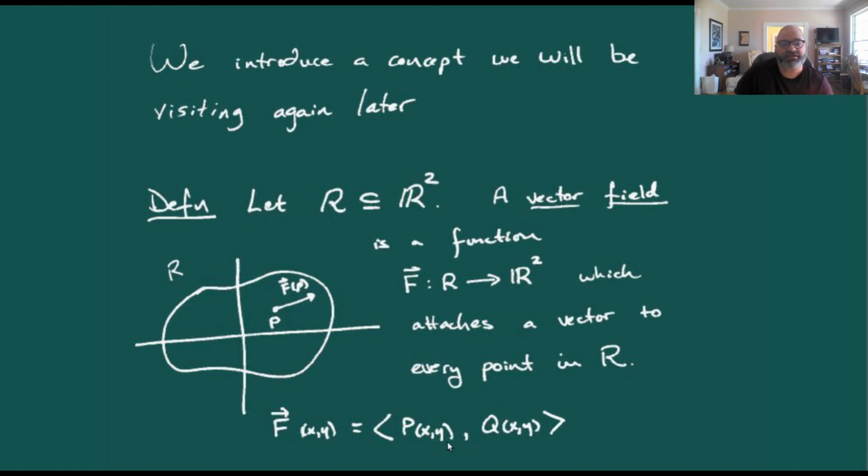The first coordinate is a function of x and y, and the second coordinate will also be a function of x and y.